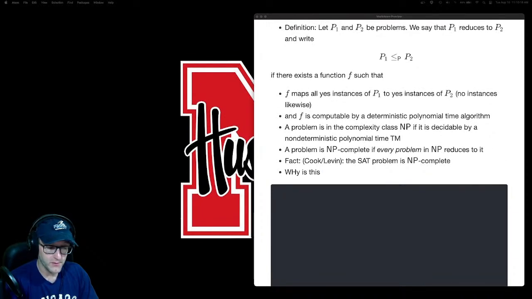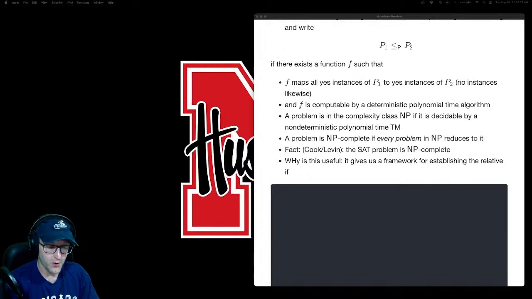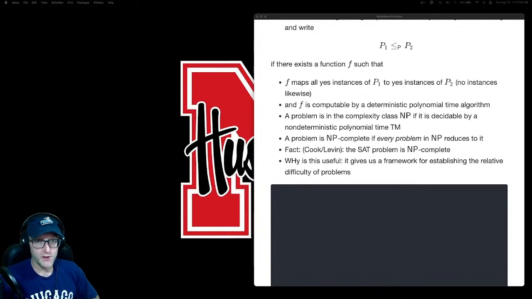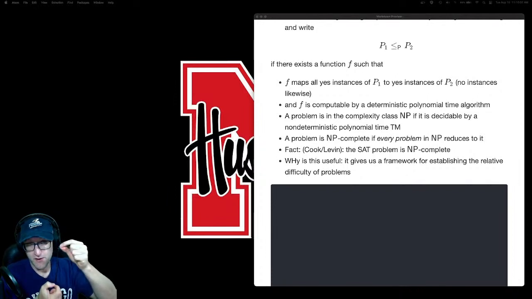So why is this important? Why is this useful? It gives us a framework for establishing the relative difficulty of problems. If we can show that something is NP-complete, by taking an NP-complete problem and reducing it to that problem, going up harder and harder, then we've shown that that problem is indeed very, very difficult.